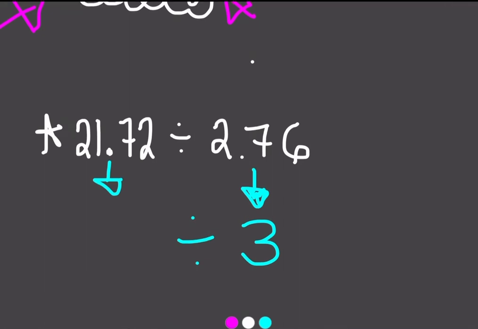I need to know my 3's factors pretty good, like what times 3 gets me something. A number that is close to 21.72 that would work with 3 would be 21.